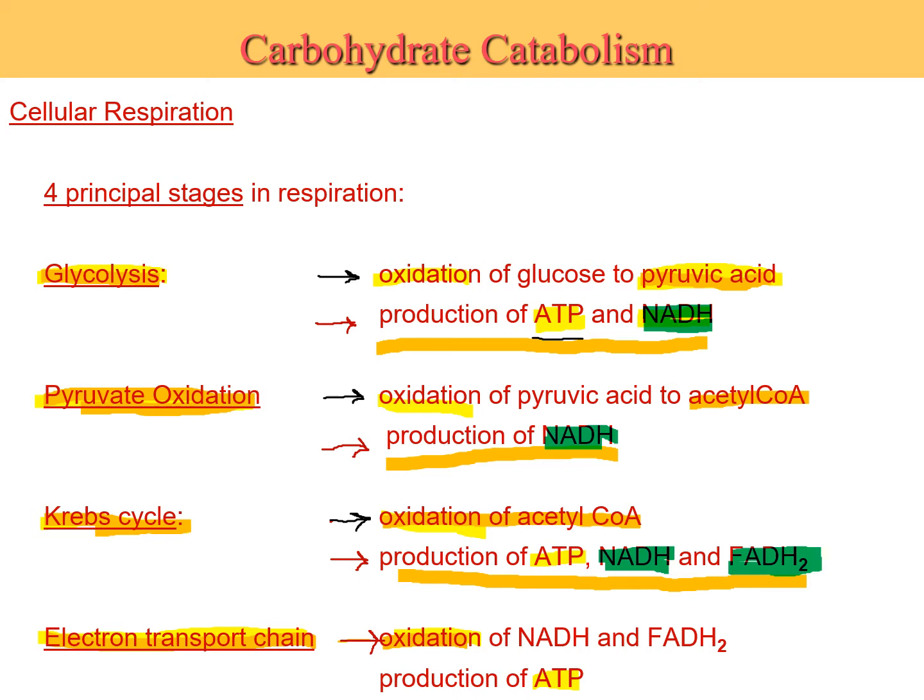The glucose is converted by oxidation to pyruvic acid in the first one. Pyruvic acid is converted to acetyl-CoA in the second. Acetyl-CoA becomes fully oxidized as it goes round and round during the Krebs cycle. And any NADH or FADH2 that is produced in these three will be used for production of ATP in the electron transport chain.